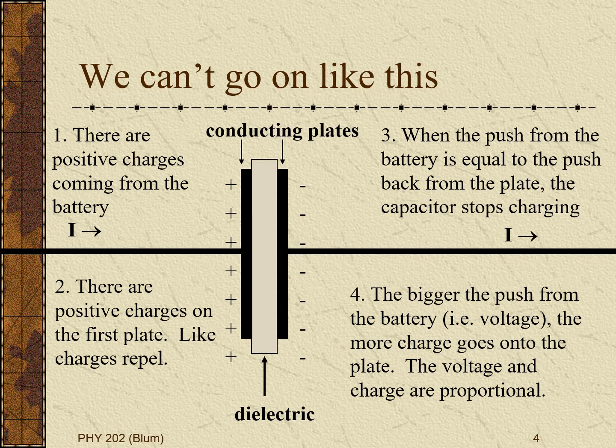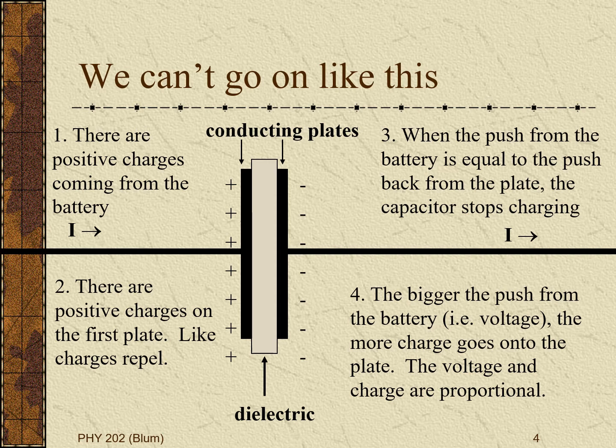The battery is pushing charges onto the plate. The plate, once it gets charged, pushes back, and at some point there is a balance in the push from the battery and the push back from the positively charged plate on the capacitor, and then the current will stop and the capacitor will stop, as we say, charging.